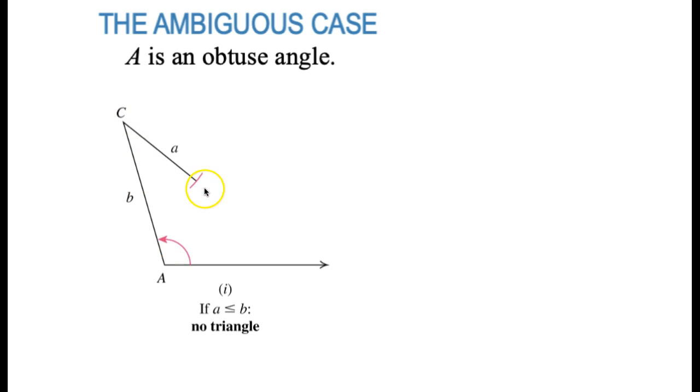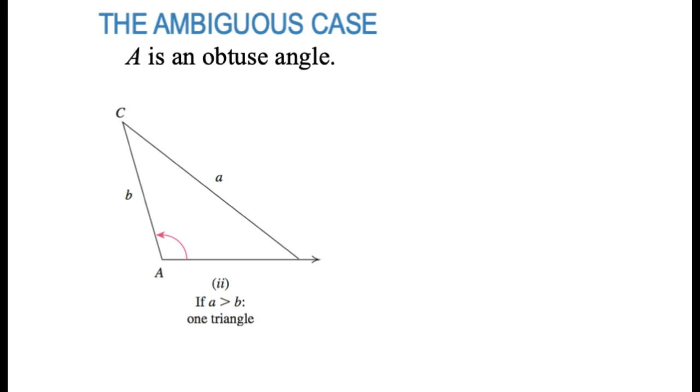This side isn't long enough to reach down here and create a triangle. Right? Well, the other possibility is that A is greater than B. Right? So if A is greater than B, it is long enough to reach down and create one triangle. Okay, so there's no way for me to swing this over here and create a triangle, because then we wouldn't be using angle A. Okay, so we actually end up with 6 different things that could happen here.